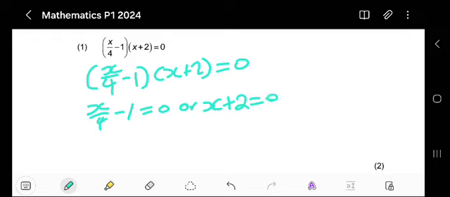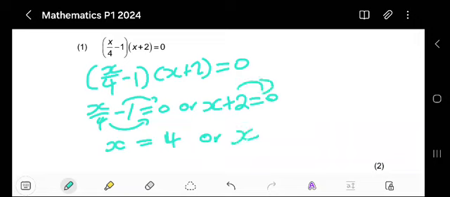If you manipulate, you take the 1 to the other side, then multiply by 4, so x is 4. Or you transpose the 2 to the other side, so x will be minus 2. So we'll have x as 4 and minus 2.